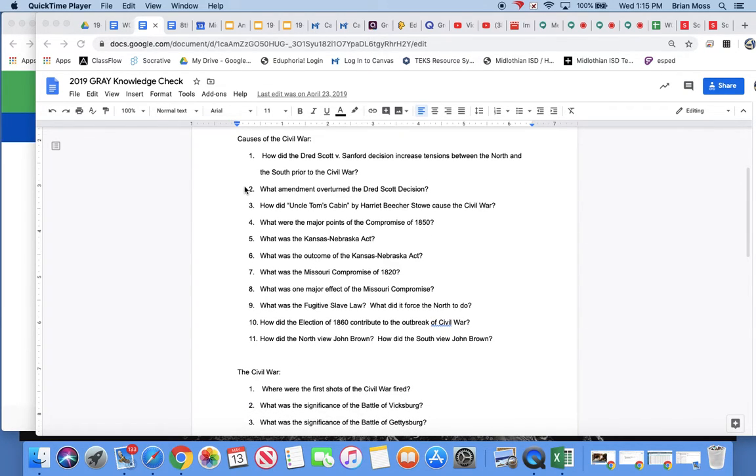How did the Dred Scott versus Sandford decision increase tensions between North and South prior to the Civil War? Well, the answer is that it increased tensions because they said that Dred Scott is property and that slavery has to be determined through popular sovereignty north of that 36°30' line.